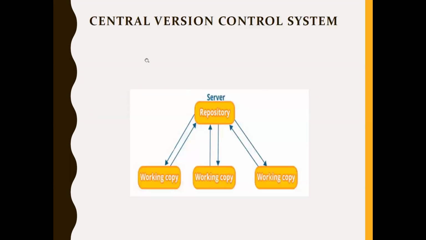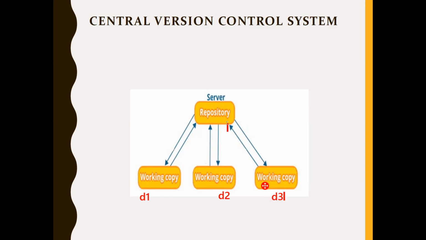Let's talk about the centralized version control system. You can see in this diagram a central server or a remote server or a remote repository, whatever you call it. These are the workstations of individual developers or DevOps persons.